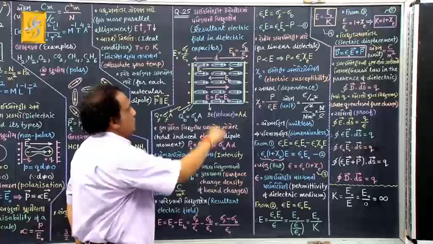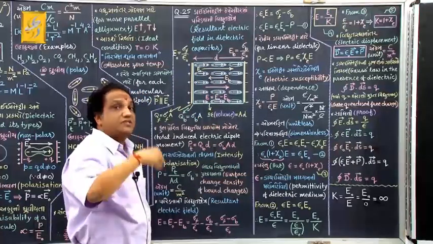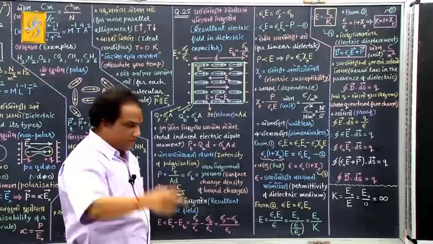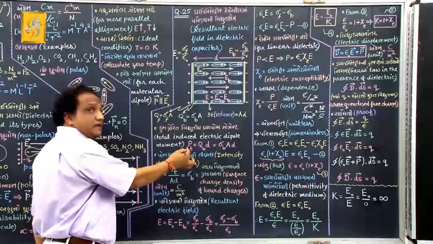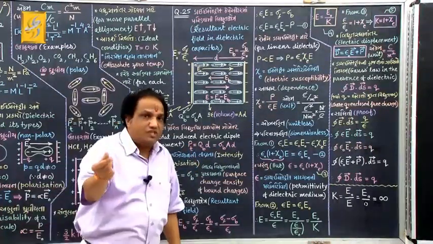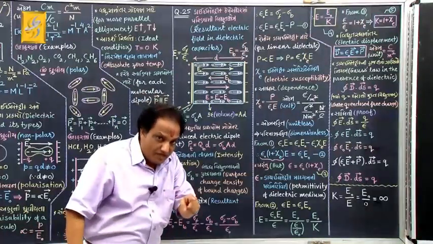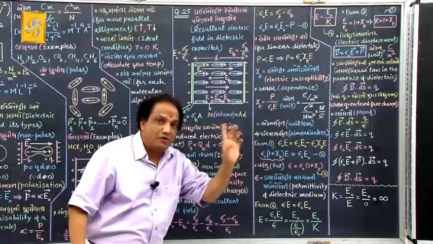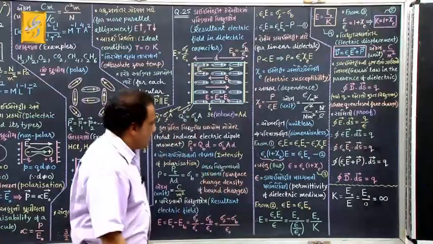Because all the vectors are in the same direction, you can add them like scalars. And then finally, the total induced electric dipole moment in the entire dielectric slab, I am showing by the symbol PT, T for total, correct? What is the formula for electric dipole moment? Product of the magnitude of either charge and the perpendicular distance between opposite or unlike charges, correct?